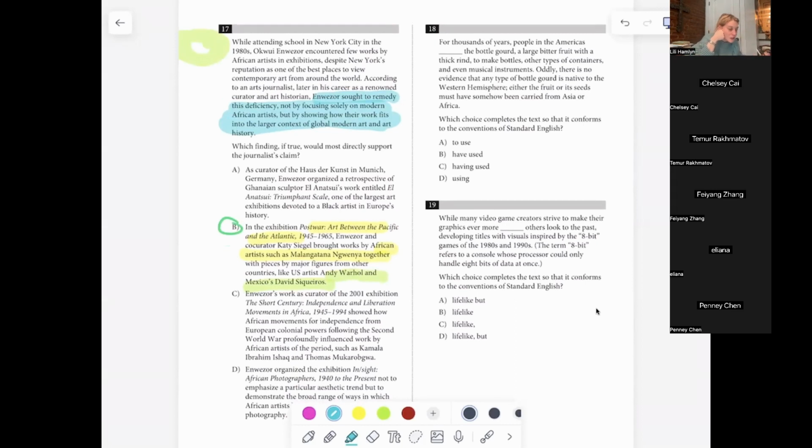It might be in Germany, but that's not what's in the exhibition. It's just a retrospective of a sculptor's work. It's just devoted to a Black artist. It doesn't have this putting the Black artist's art in conversation with the wider global context. Does that make sense?